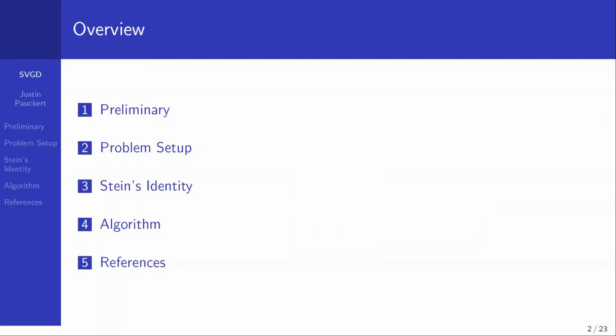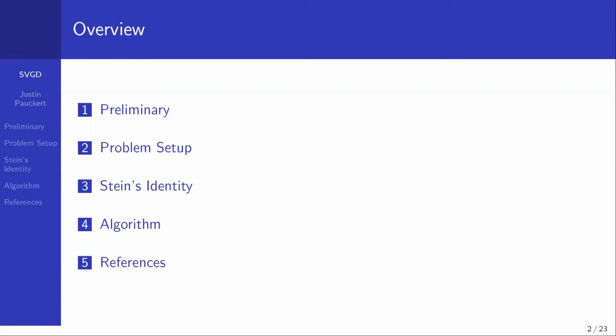Then I'm also going to give you a refresher on the problem setup that we actually discussed the whole semester long, but it's been some time since we've had the last lecture, and so just a quick refresher on that. And after that, we're actually ready to dive into the theory.